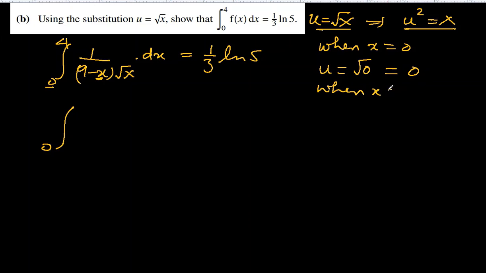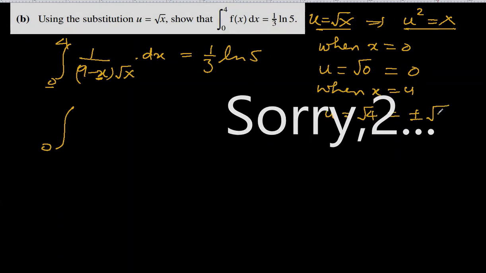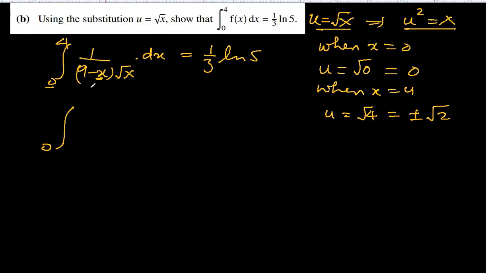When x is 4, the upper limit, u equal to square root 4, which will be equal to plus minus 2. But since this limit is always more than this limit, it has to be plus 2, not minus 2, so minus ignored. This will be 2. What else? We have to substitute dx also.